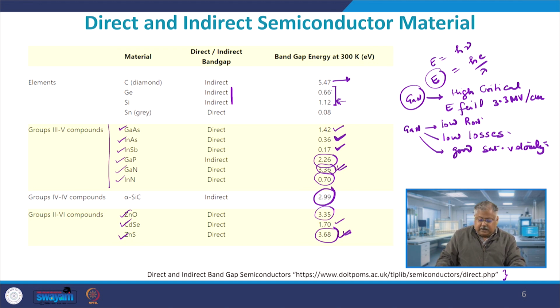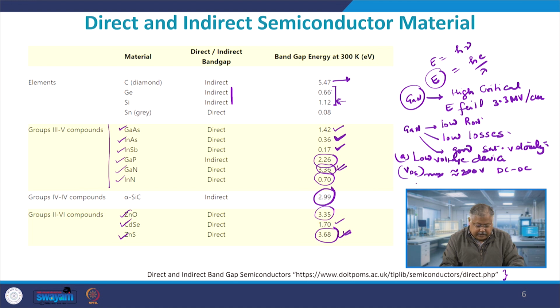Now, we will come back to this when we come to circuits, but typically gallium nitride based devices are divided into three parts. The first part is known as the low voltage device. For example, low voltage devices whose VDS max is around 200 volts, and they find utility in DC converters.